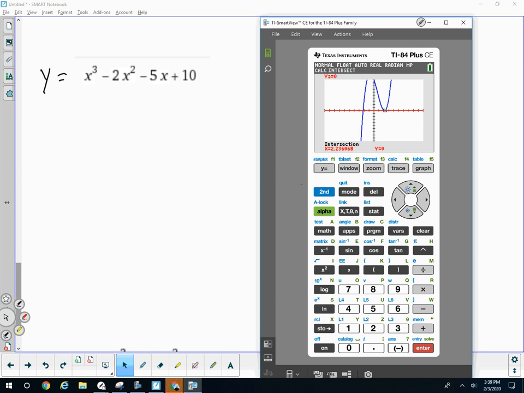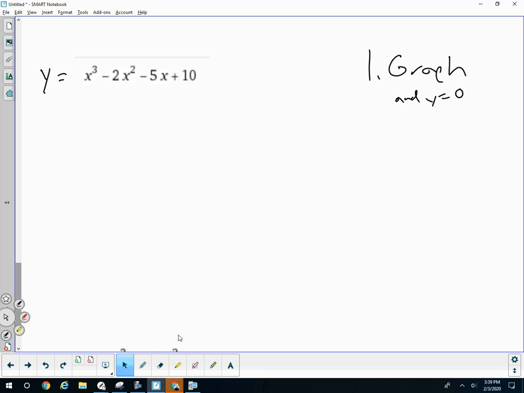Did anybody else get 2? What did I type in wrong then? You got the same thing I got. It's not a glitch. Did anybody else get 2.236? Yeah. Yes. Okay, great.